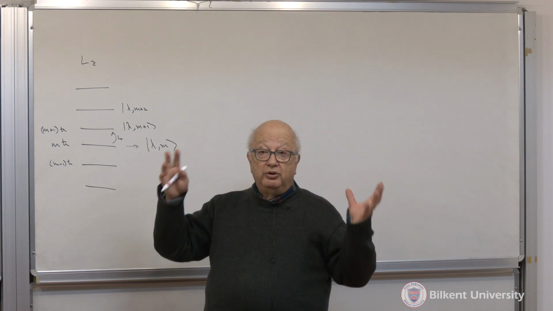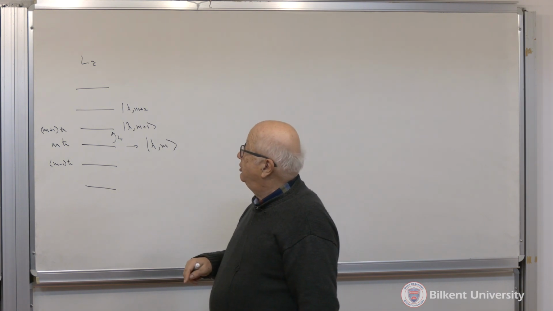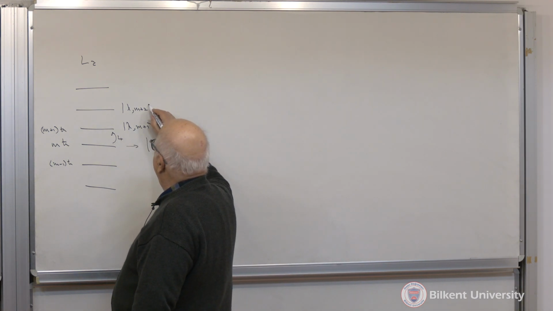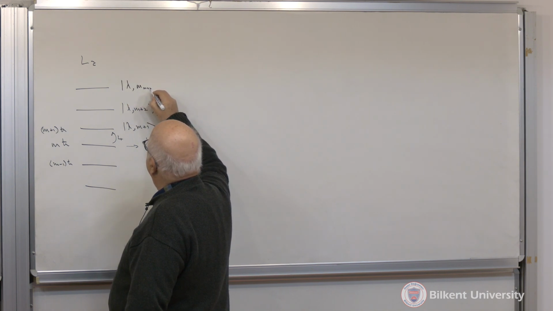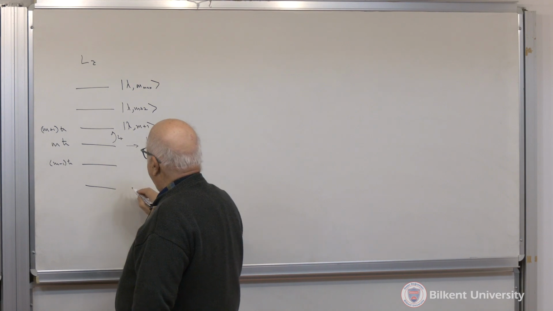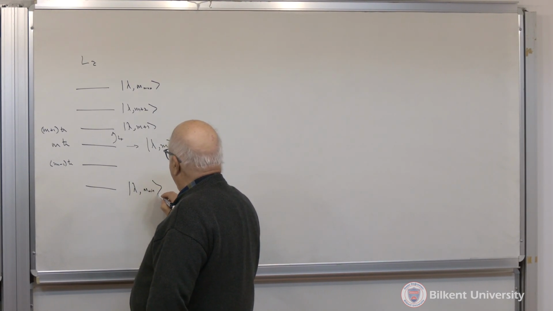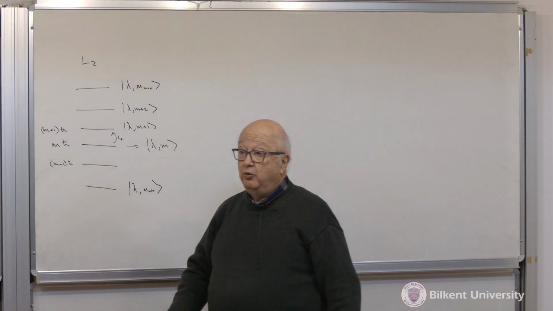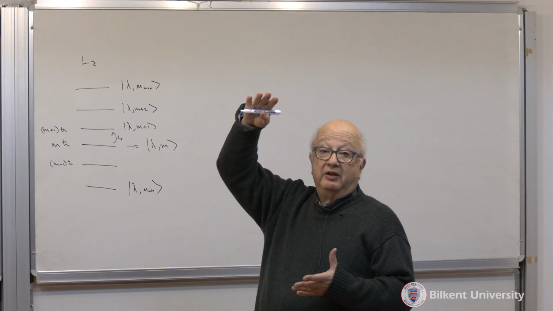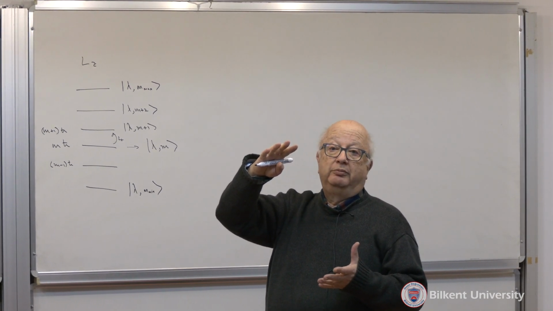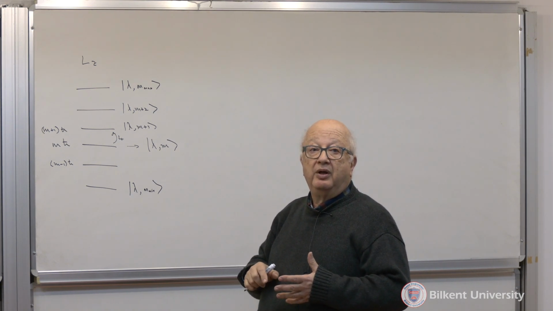So this whole thing has some total angular momentum, and we argued that there must be some lambda m max here, and there must be some lambda m minimum here. Why? Because the z component of the angular momentum cannot increase indefinitely because I have a total angular momentum. So it is restricted by some number.